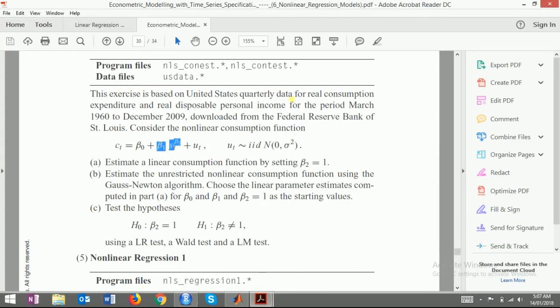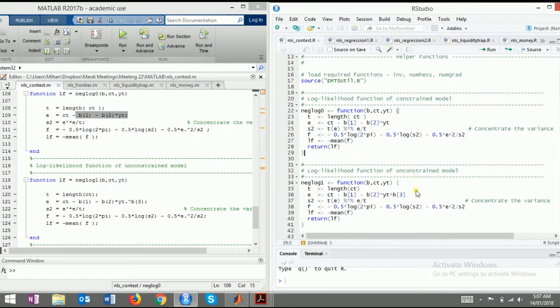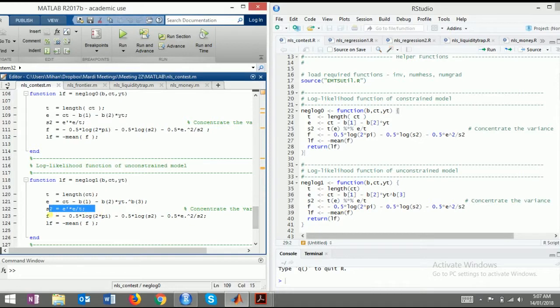So just like before, everything else remains the same. Residual u square divided by T, and again the log likelihood function is u square divided by sigma square. Fine, and this is the log likelihood function.